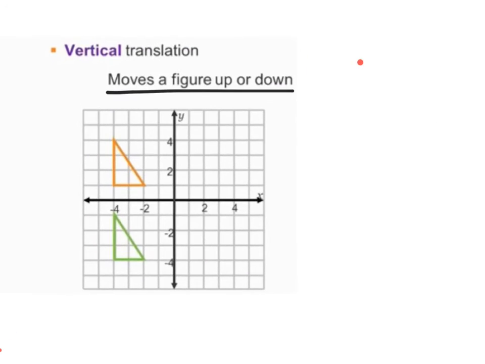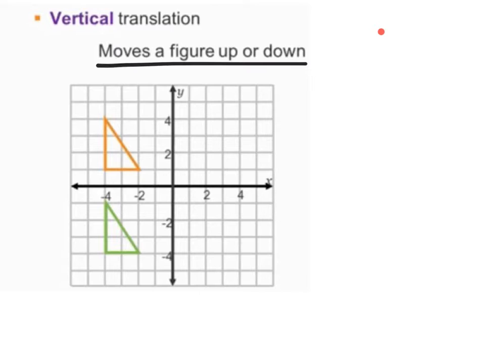Now we can talk about a vertical translation, all right? The easiest way to figure out how this one works is I go from one corresponding point to the other. I'm going to go 1, 2, 3, 4, 5 units down. So this is 5 units down. All right.